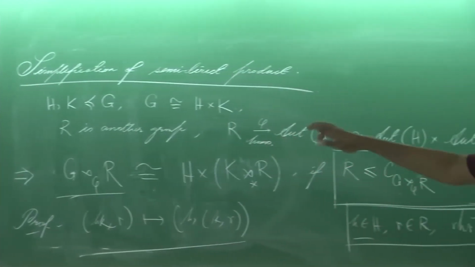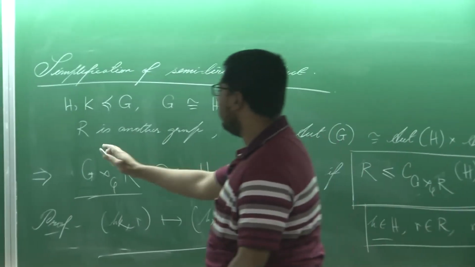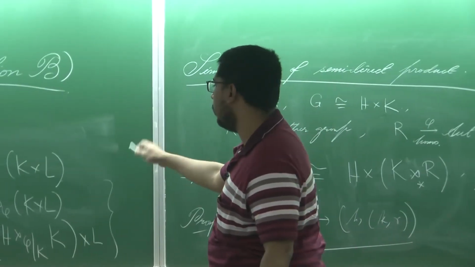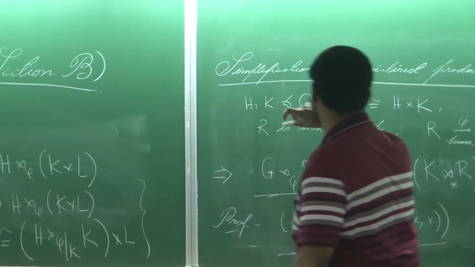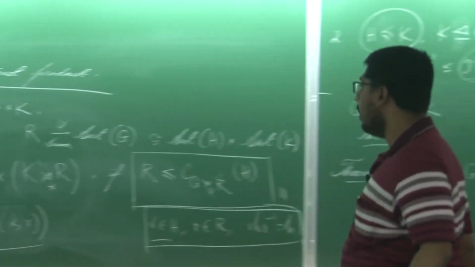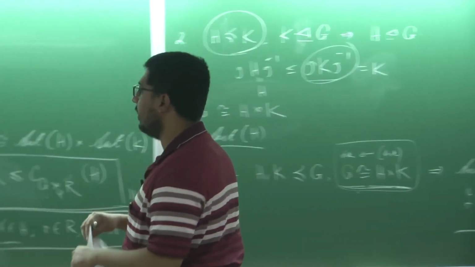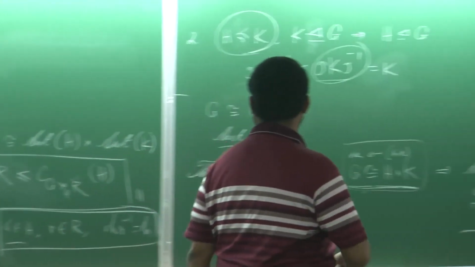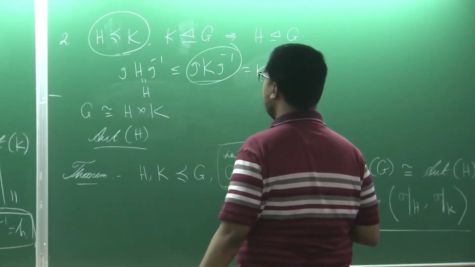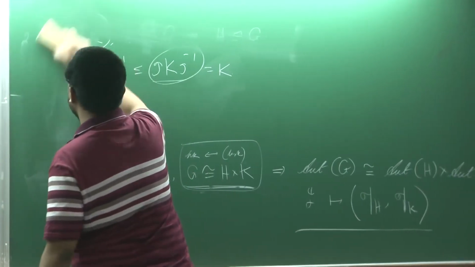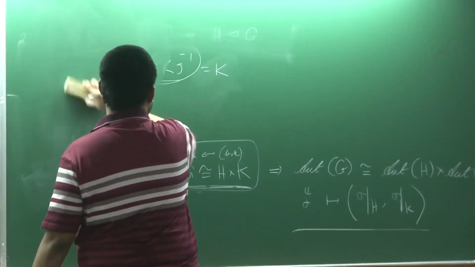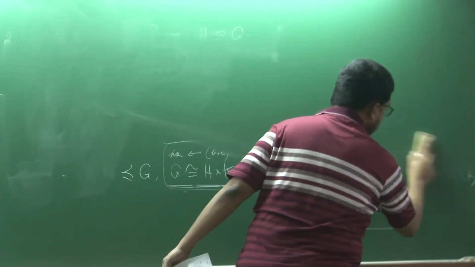These are the two theorems which are going to be very useful in our subsequent discussions. Okay. So with all these prerequisites, I think now we are in a position to resume our discussion on classifications.